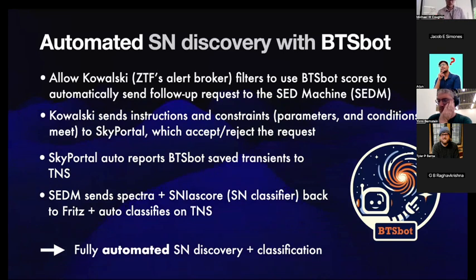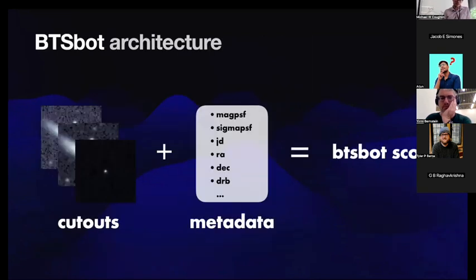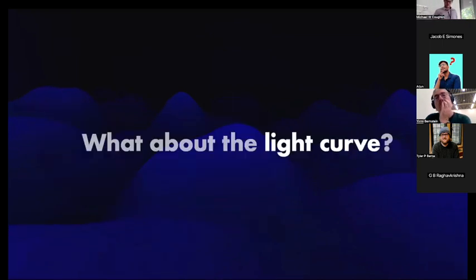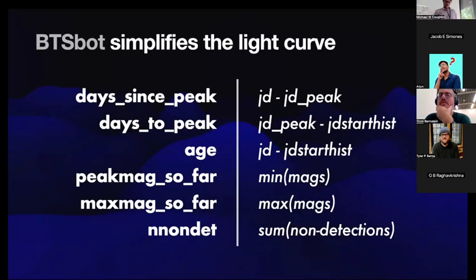And of course, it's been a fair bit of trial and error, including by folks in the audience, to make this happen, but it just kind of works nowadays. Okay, and so as I mentioned, BTSBot, cutouts, metadata, etc. And we'll get a chance tomorrow to also do this with light curves and do this in the CIDER way.